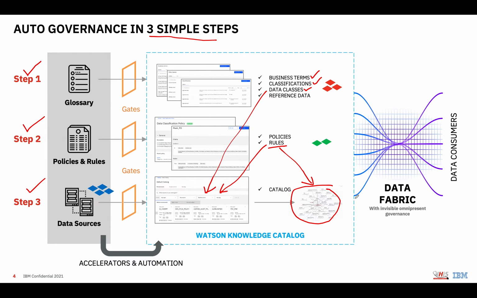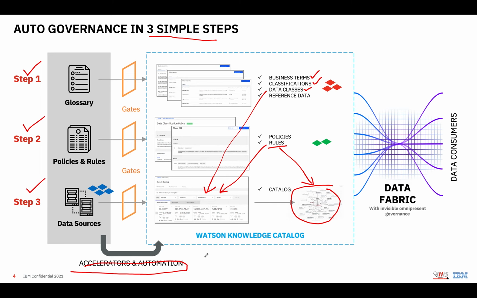Now, the differentiator for our solution is primarily these two aspects, which is the accelerators as well as the automation. The key success factor in implementing any kind of governance is to reduce, if not eliminate, the overhead so that the governance is omnipresent but invisible.